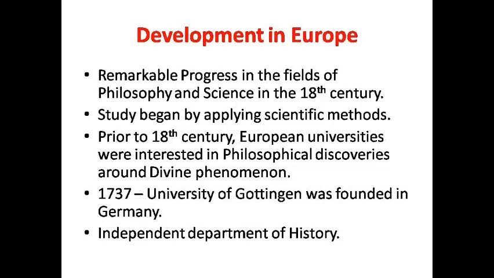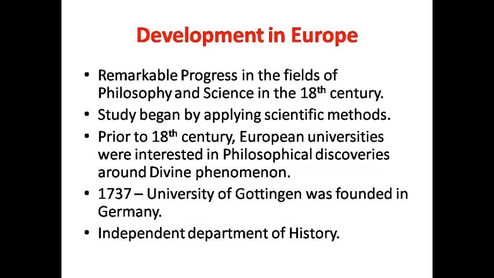European people afterwards captured most of the world. So the progress mainly started in Europe. We say all the inventions and discoveries mainly started in Europe. This study began by applying scientific method.